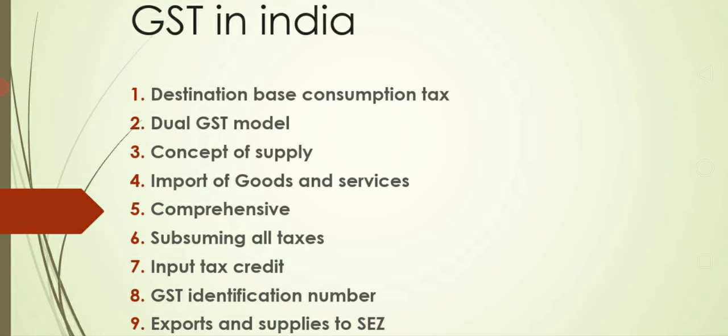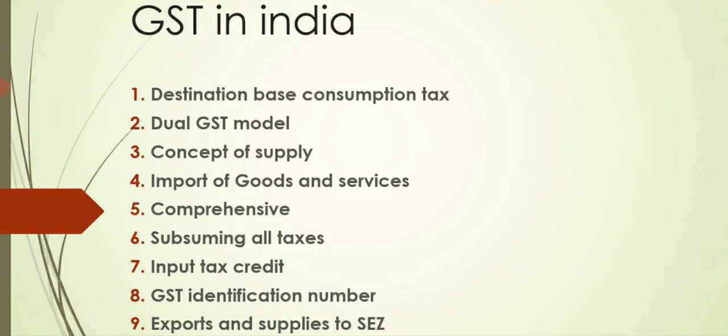Next, second one, dual GST model. India has adopted a dual GST model, with the center and states simultaneously levying the tax, as we already discussed. The GST levied by the center is called central GST, and that levied by the state is called state GST, that means SGST. Next one, third one, concept of supply.